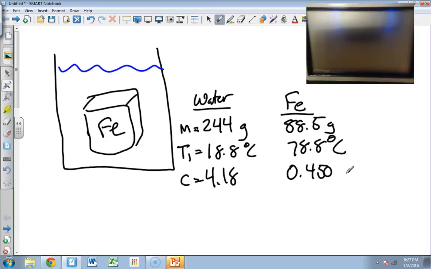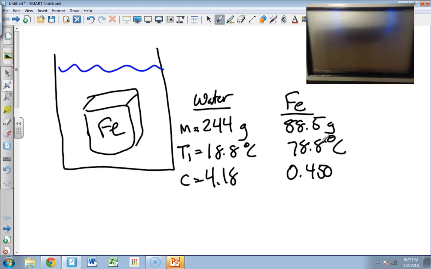So what we're going to do is we want to find the final temperature of the system. And I get it, you're going to be thinking, well, how are we going to be able to do that? Because we have a final temperature here and a final temperature here. Aha!